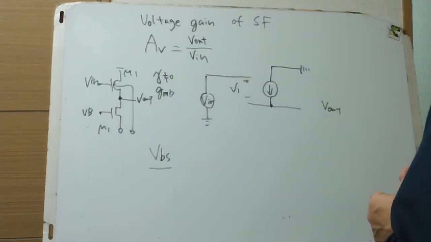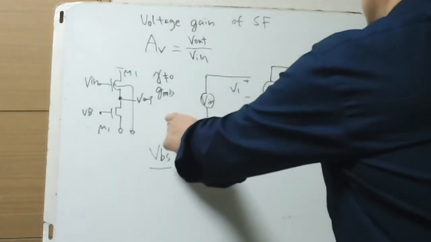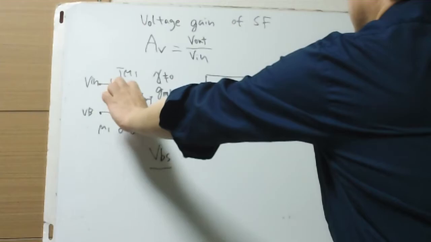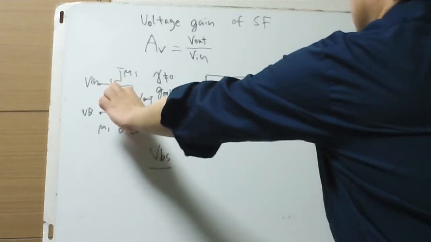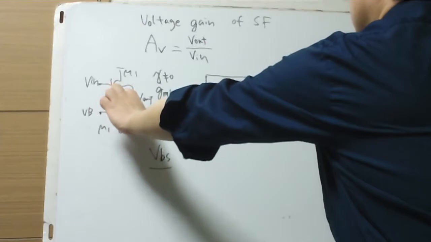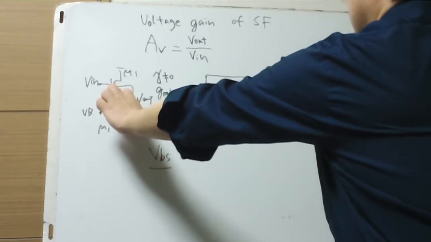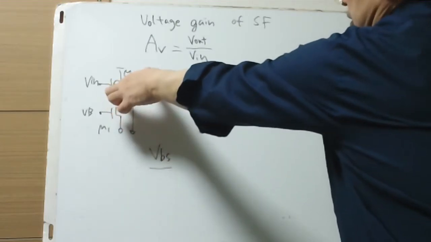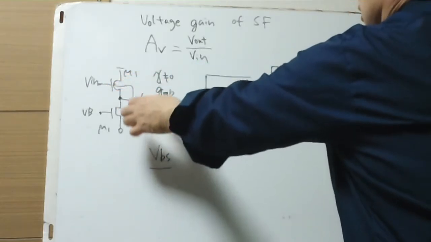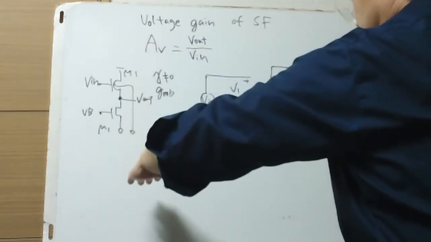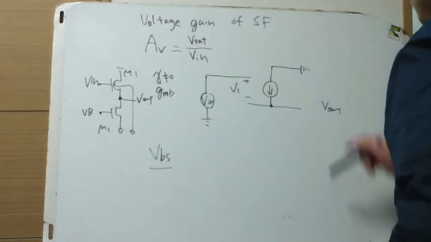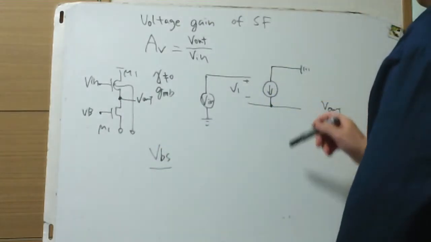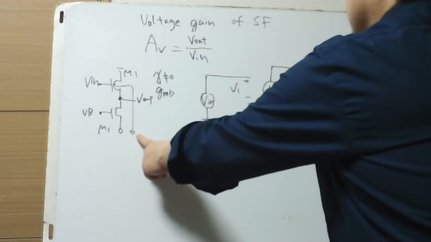VBS is body to source. If body to source is positive, in this case body equals 0 and positive, this is a negative value. If body to source is inverse and positive, the threshold voltage decreases, and the current is in this direction, and so VBS times GMB equals here, but VBS here equals what voltage?